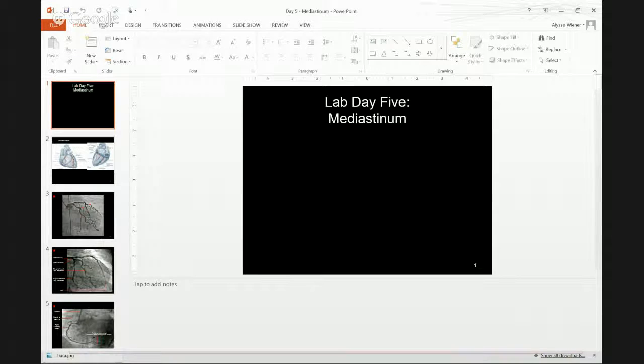I apologize if that's a weird question, but these are the vessels that are coming off of the aorta. If you remember, we have the arch of the aorta, and then we start to have some arteries coming off of it. What is this artery here? This is the first thing coming off of the arch of the aorta.